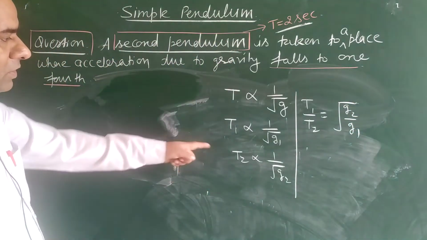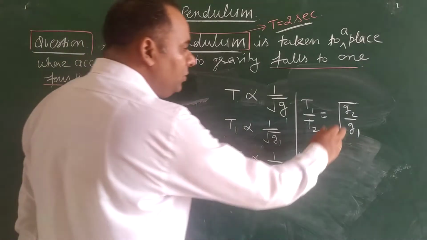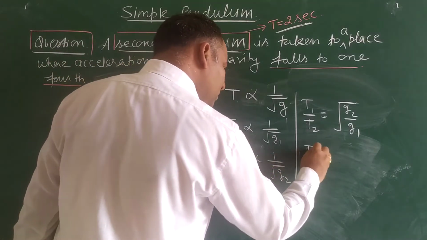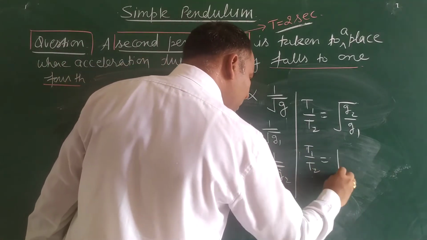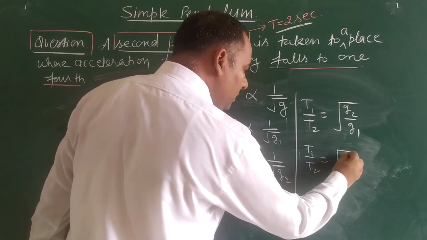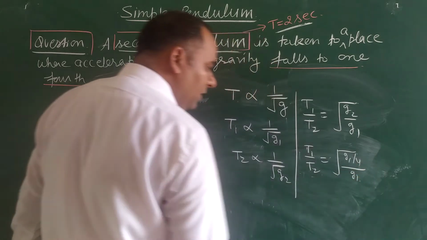What is g2? It means acceleration due to gravity at place 2. So your value is 1/4, which means g1 upon 4.